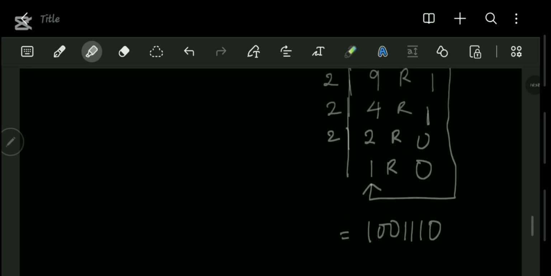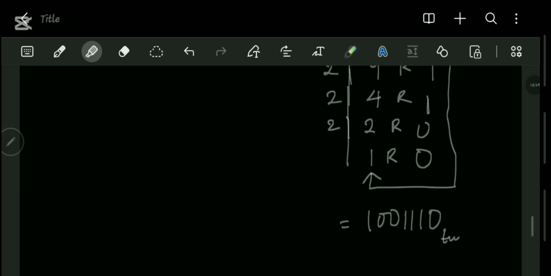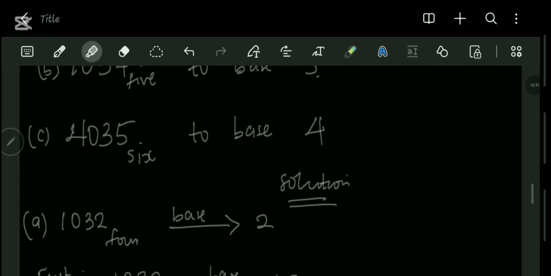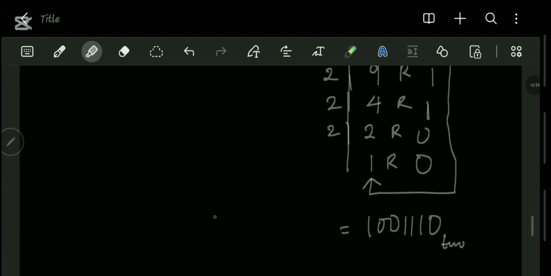In what base now? This number is in base 2. So I can say that the first question, 1032 in base 4, is equal to 1 0 0 1 1 1 0 in base 2. Are we getting the point now?